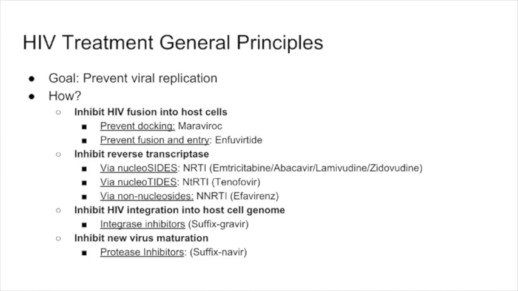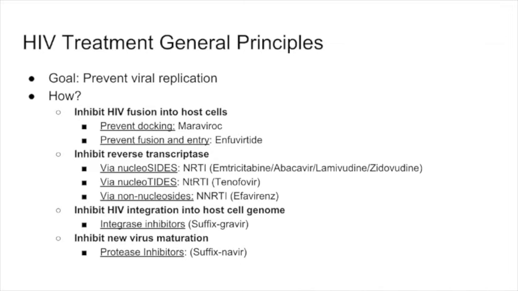Hey guys, welcome back to our last topic in pharmacology review for the year, which is HIV and AIDS. As always, we like to start with the general principles of treatment for HIV. And really, the goal for HIV, as well as any viral infection, is to prevent viral replication.